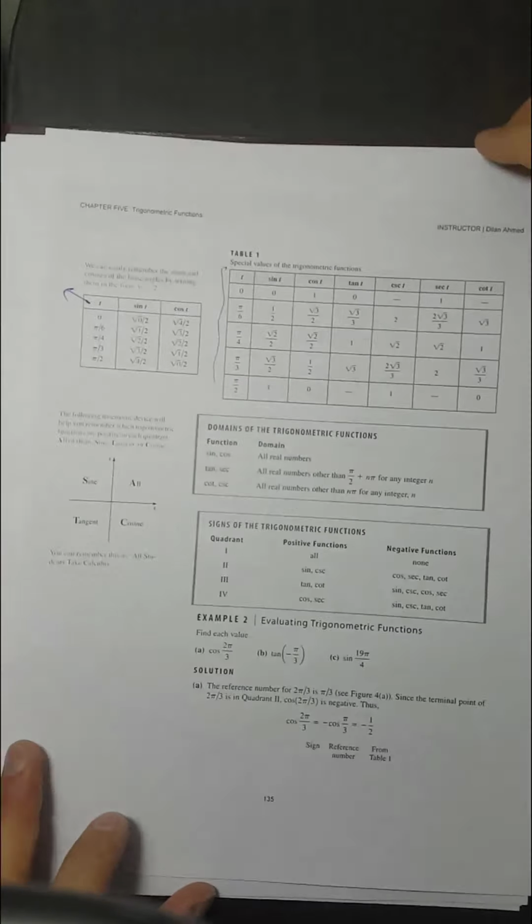So, cosine, example 2, page 135, I think, in your lecture note. Find cosine 2 pi over 3. Before you find it, please try to find which quadrant the angle is in: the first, second, third, or fourth.